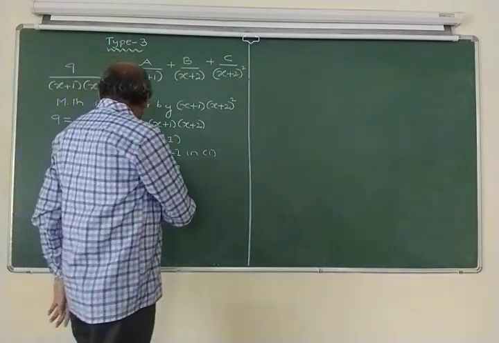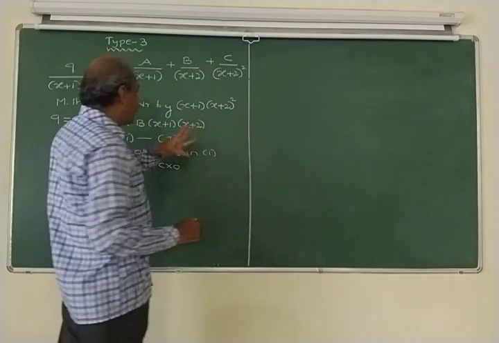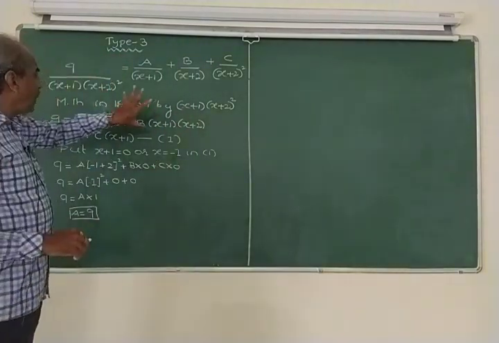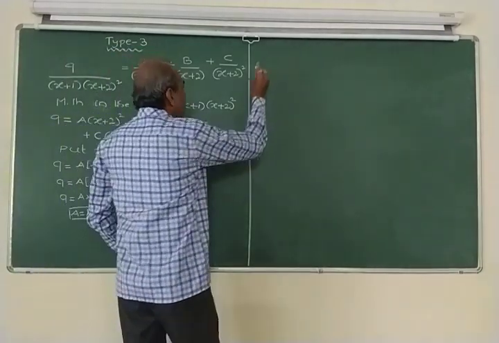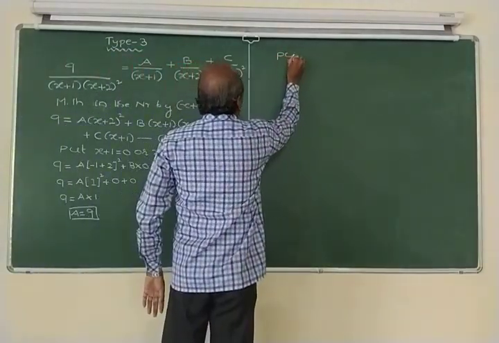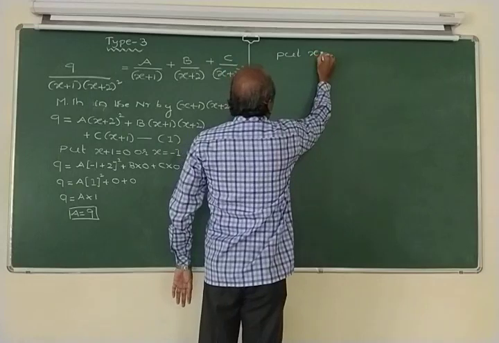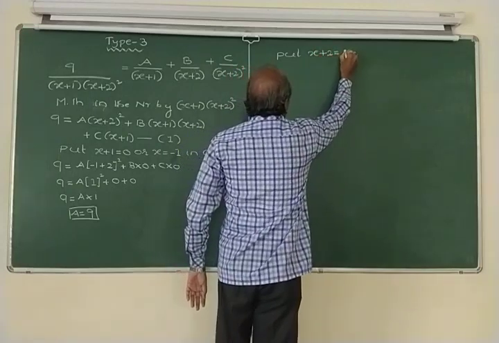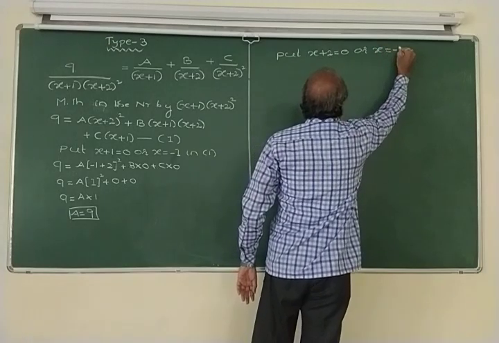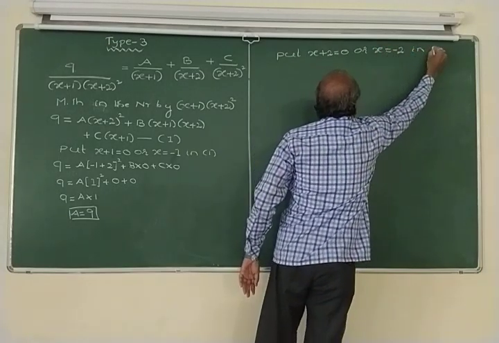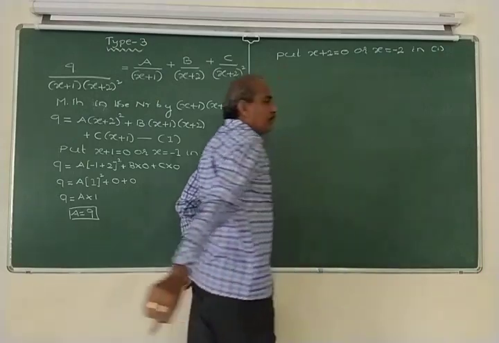Next, the value of b, how to find out the remaining 2. Now, you have one more linear factor, what is that? X plus 2. Therefore, what you have to do here is put x plus 2 equals to 0, or x is replaced by minus 2 in equation 1.